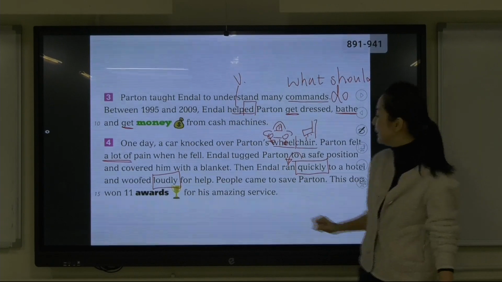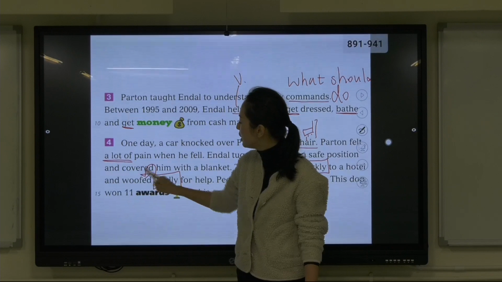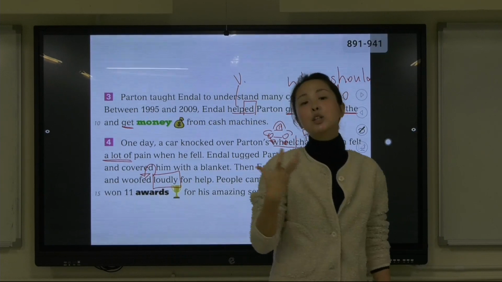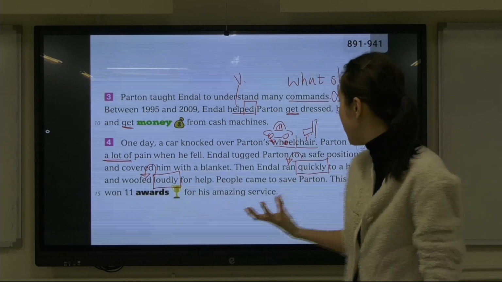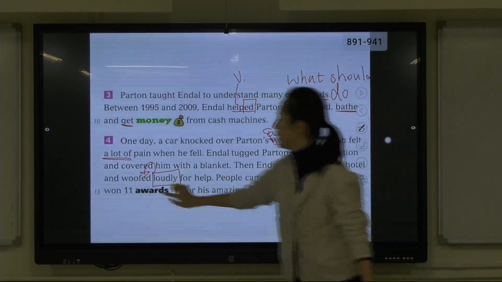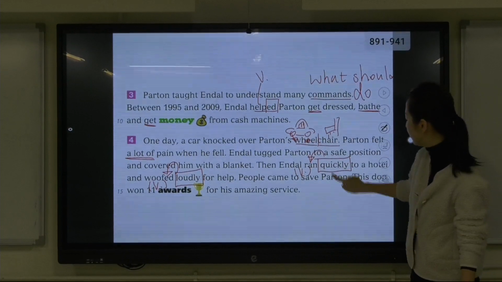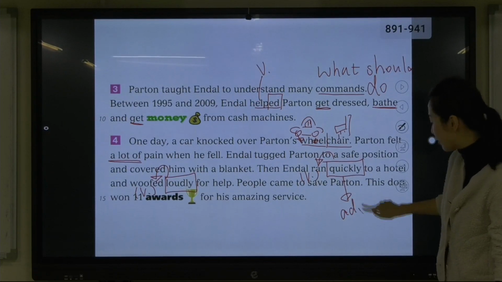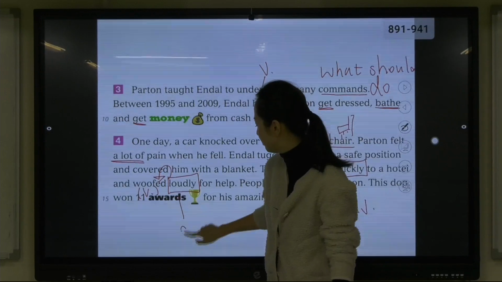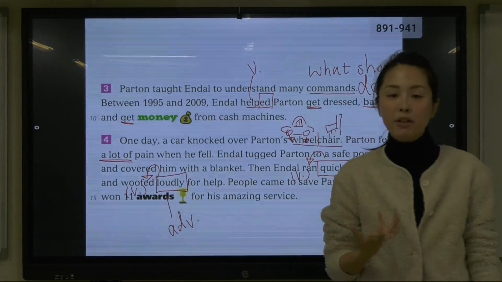Run quickly. And then loudly. So we move loudly. So when we use words to describe verbs, this one should be an adverb. Okay, so we use adverbs to describe verbs.